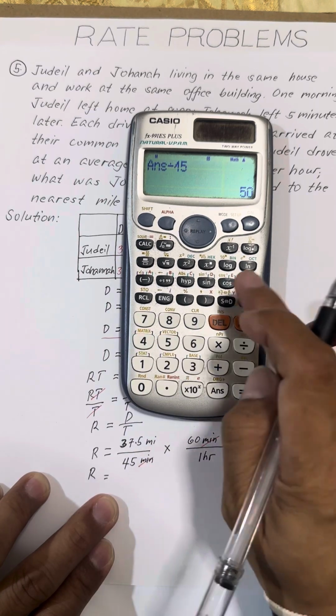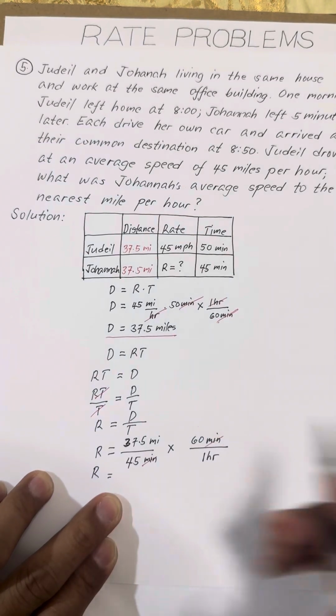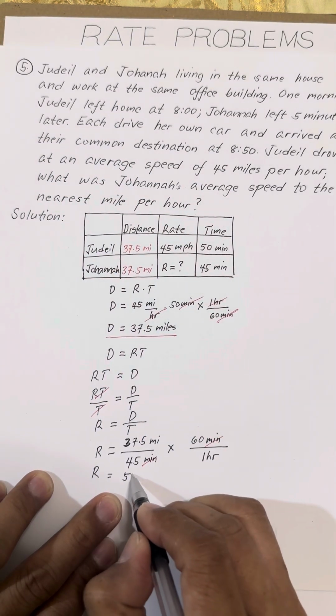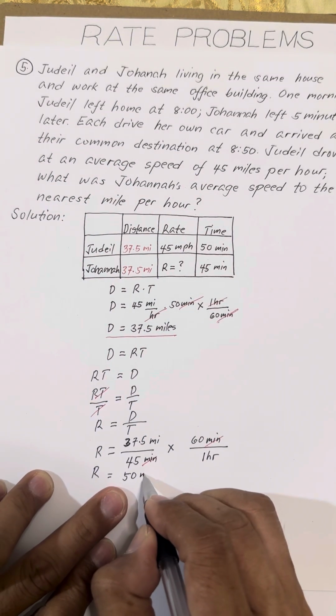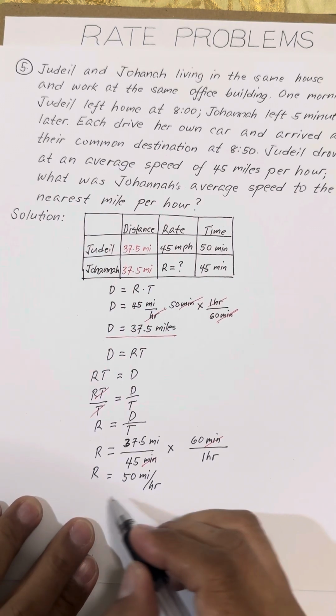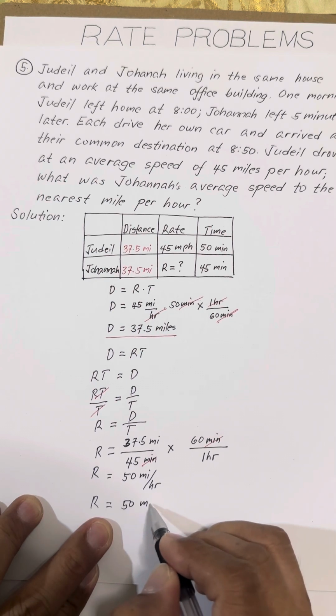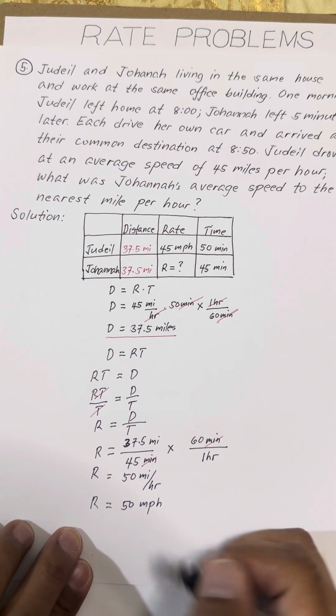So the result is 50. So this is 50 miles per hour, or simply r equals 50 mph.